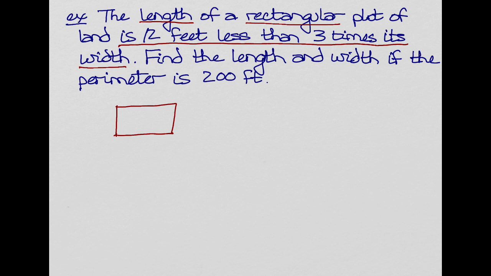Well, okay, the length is, I know, 3 times the width. I can say there's 3 times the width. To make it 12 feet less than that, I'm going to subtract 12. So the length is 12 feet less than 3 times the width.